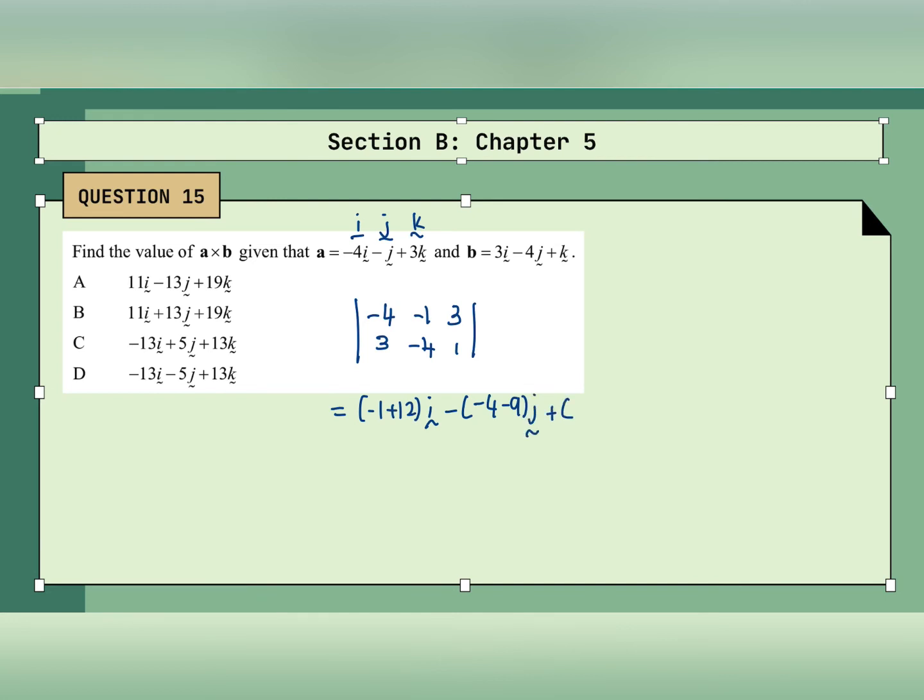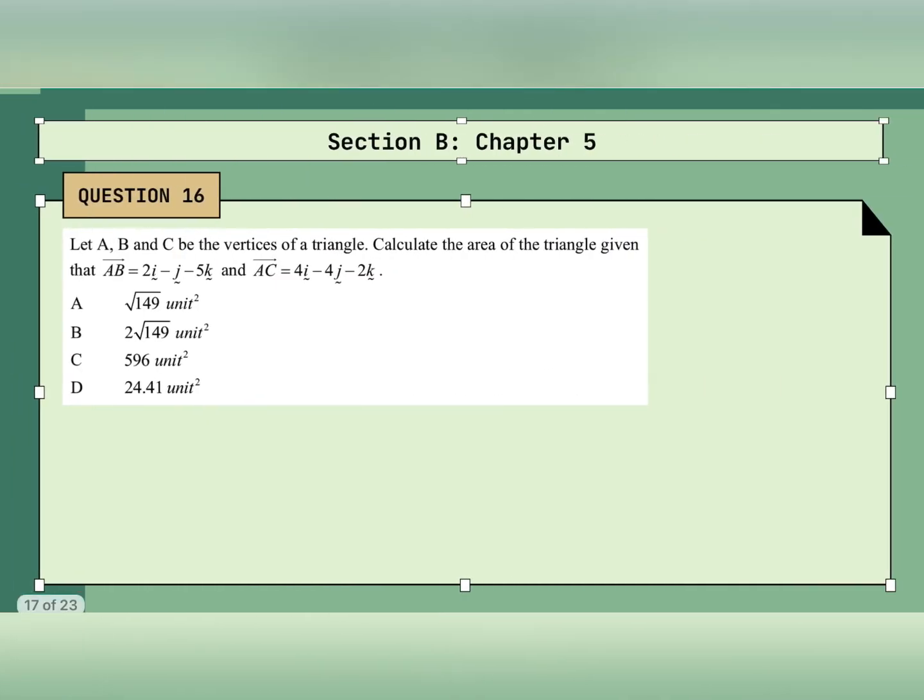Okay, and K. Tutup K, 16 plus 3. So dapat berapa ni? Negative 1 plus 12 tolak 1, 11. Ini akan jadi negative 4 minus 9 is negative 13. So ada negative, so plus 13. 16 tambah 3, 19K. So mana positive 13? Here. So the answer is B. 11I plus 13J plus 19K.